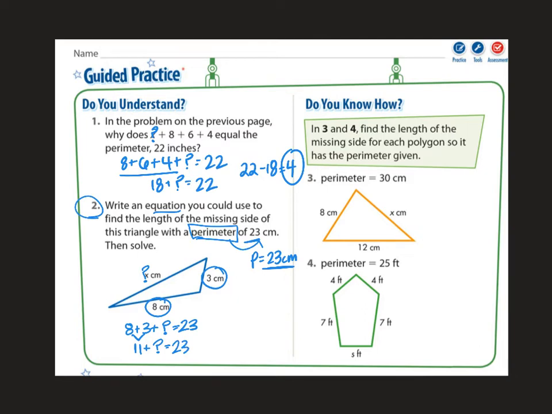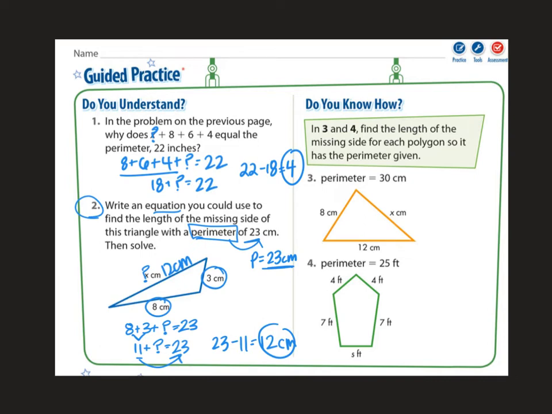Well, I can count on to find out how many jumps it takes to get from 11 to 23, or you can turn this into a subtraction problem, 23 minus 11. Okay? 23 minus 11 gives me, you got it, 12. So the length of the side that is missing is 12 centimeters.